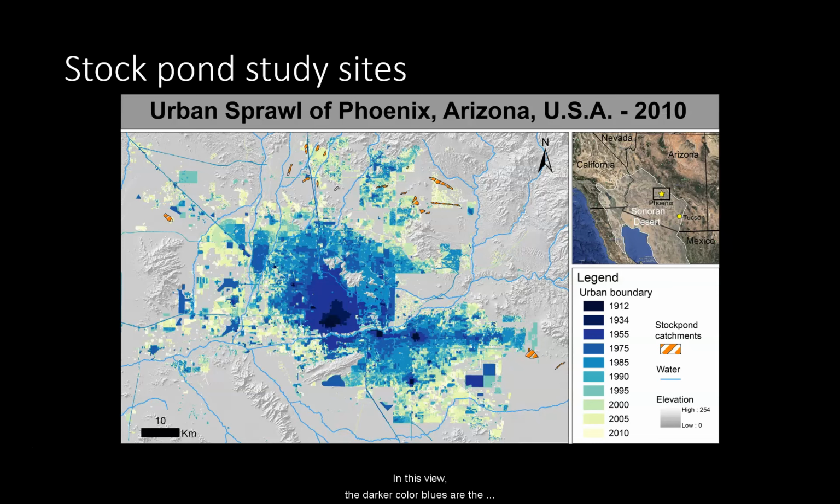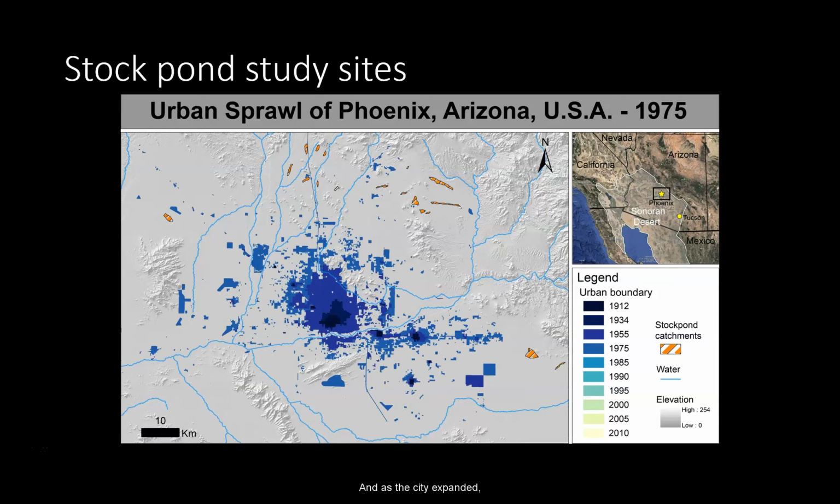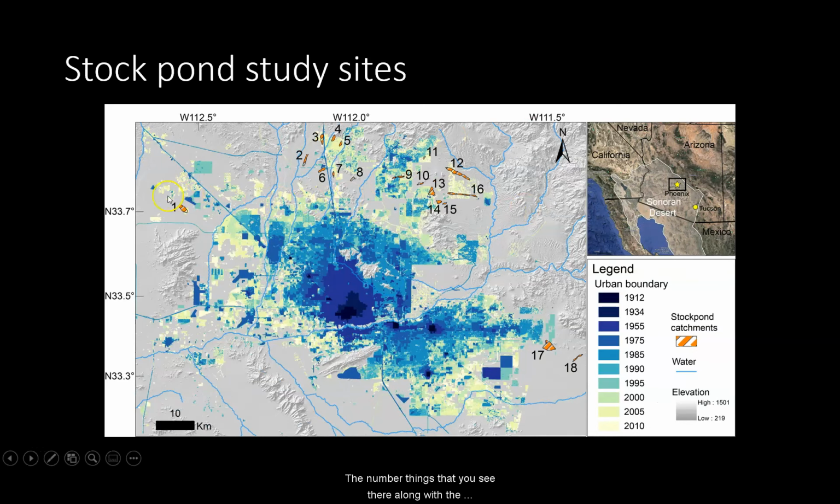What you are looking at is the growth of the Phoenix area from 1912 to around 2010. In this view, the darker blues are the core of the city. And as the city expanded, you get urbanization. The numbers that you see there, along with the catchments, are the stock ponds that are your study sites.